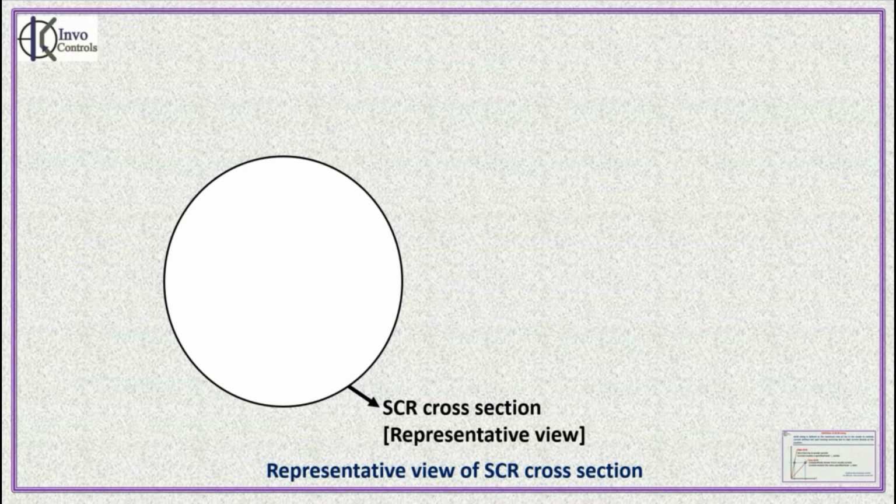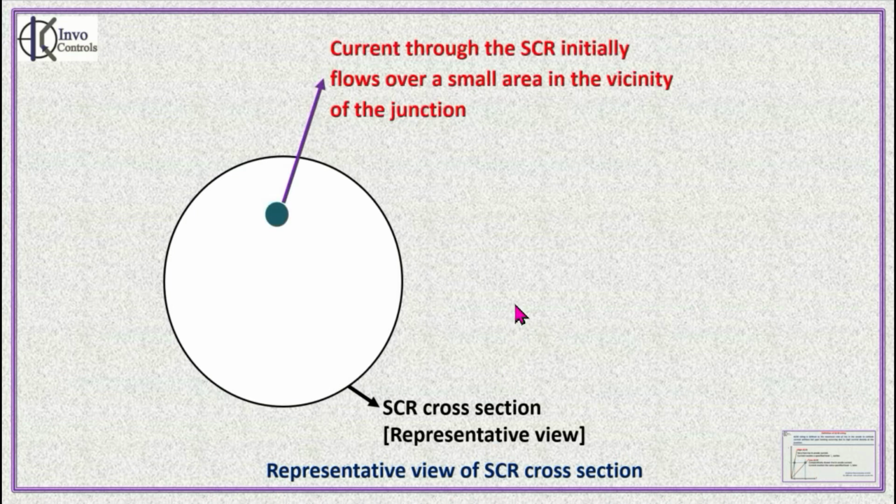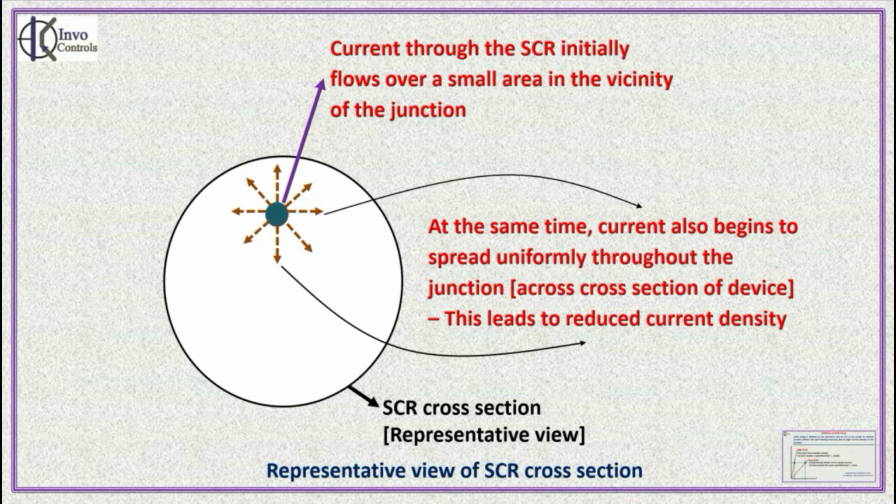As the anode current is rising, it initially flows in a small area in the vicinity of the gate cathode junction. At the same time, the current also begins to spread throughout the junction across the cross section of the device. The speed at which current spreads across the cross section is referred to as current spreading velocity.